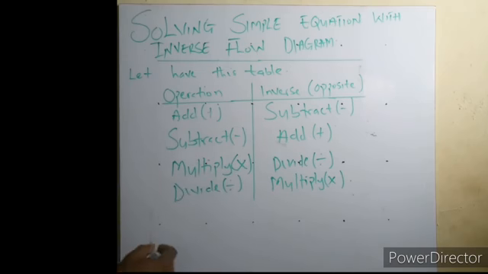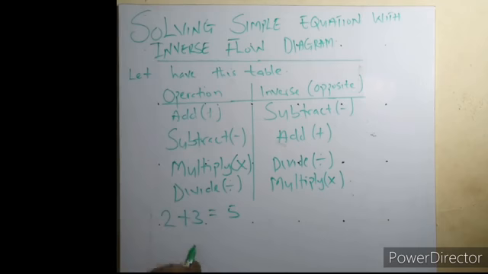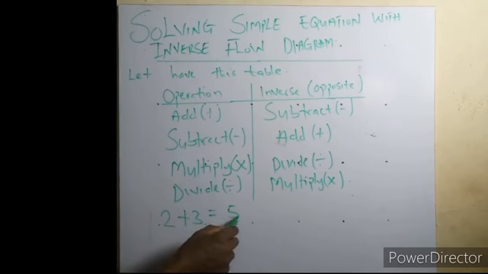Let's say, for example, I have 2, then I add 3 to it, and this will give me 5. This is addition, so I can always look for the inverse of this addition. If I put that inverse here and I subtract 3, what am I going to have?